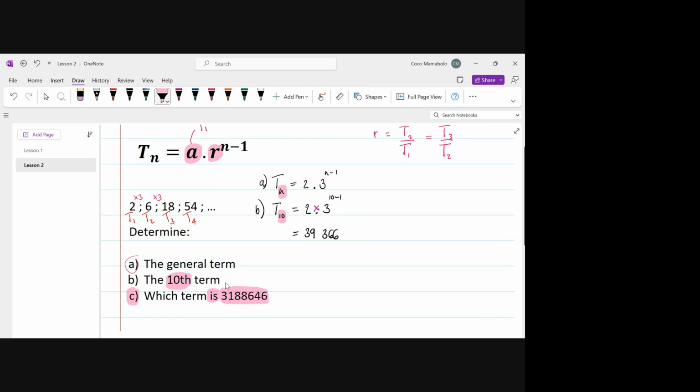All right, so let's see what our formula is going to look like now. So I'm going to take the whole of Tn and I'm going to replace it with 3,188,646. So I'm going to write here, C. 3,188,646 equals 2 times 3 to the power of n minus 1.